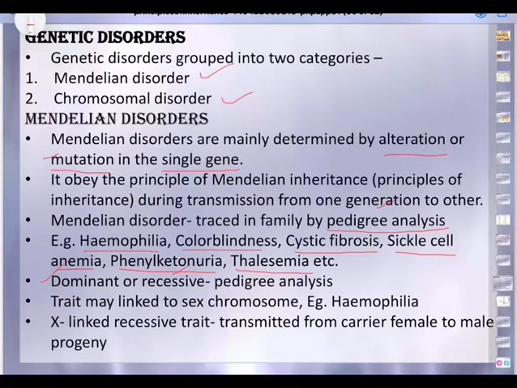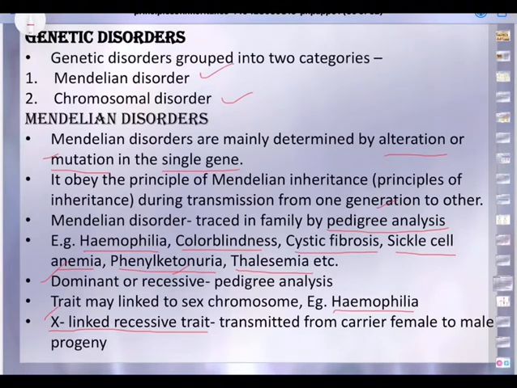Pedigree analysis will tell us whether the listed genetic disorder is because of a dominant gene or a recessive gene. It also tells us whether it is an autosomal disorder or a sex chromosome linked, X-linked recessive trait. The trait may be linked to the sex chromosome, as in the case of hemophilia.